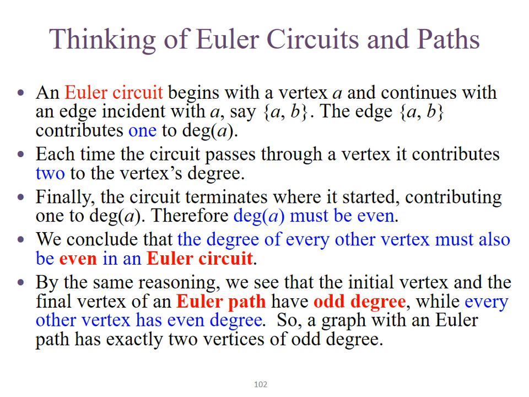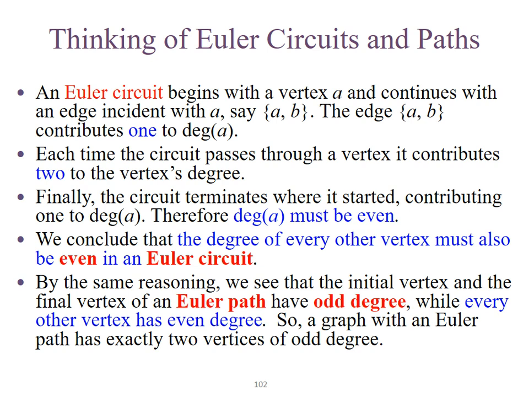Because maybe you can travel the vertex multiple times, but each time you go into this vertex and go out of the vertex, and you go into this vertex again and go out of the vertex. So the degree of every other vertex must be even.